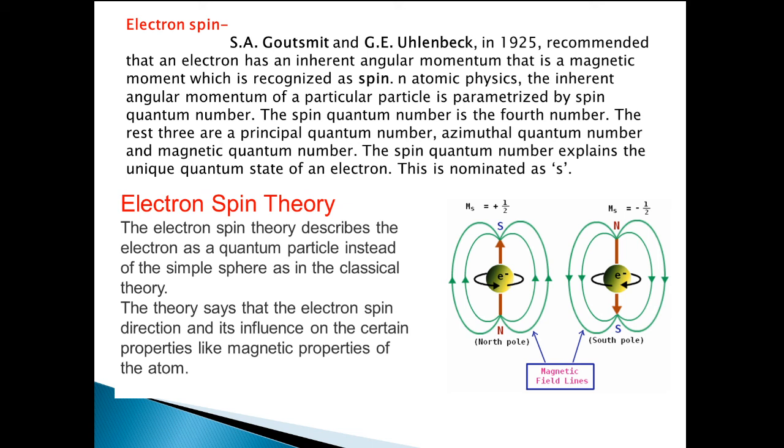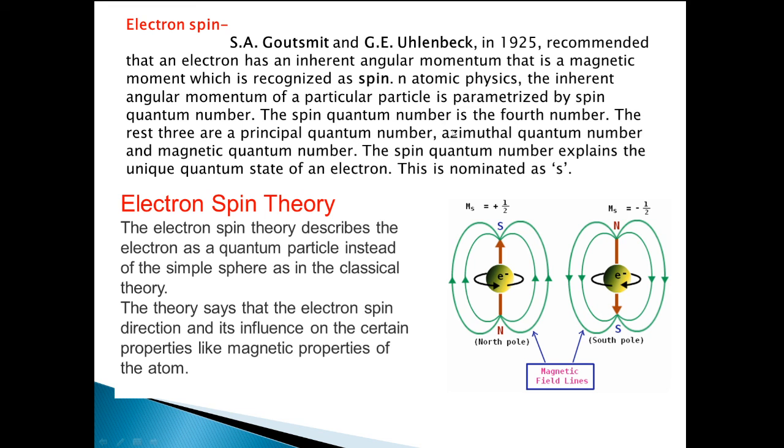In 1925, S. A. Goudsmit and G. E. Uhlenbeck proposed that an electron has an inherent angular momentum, that is, a magnetic moment, and this magnetic moment of the electron is recognized as spin.